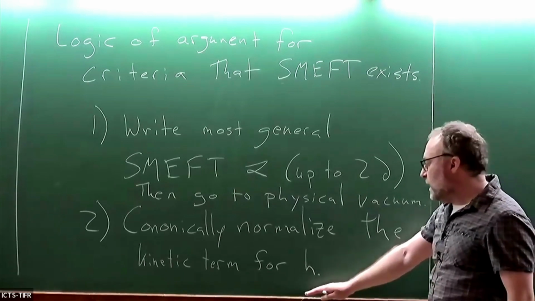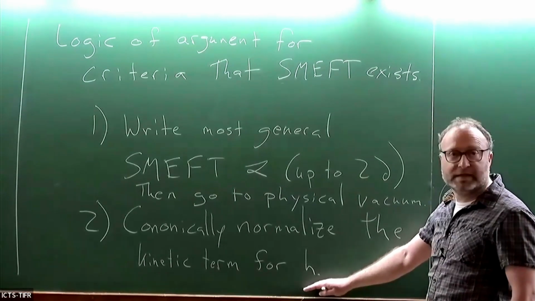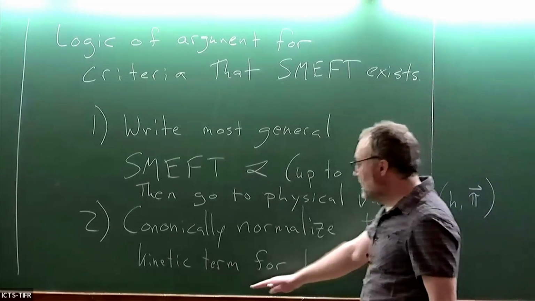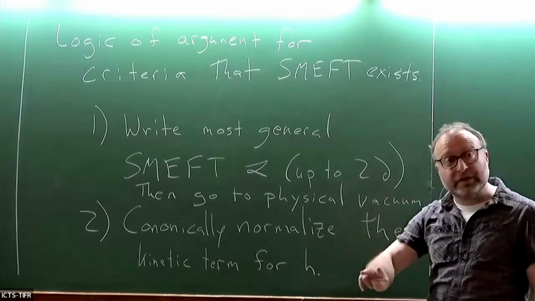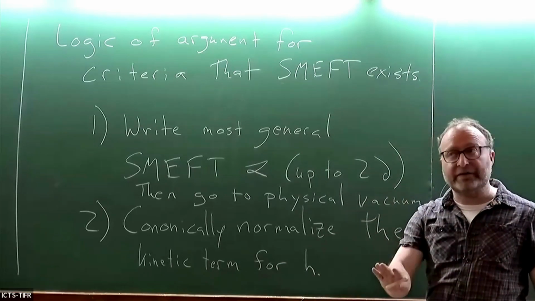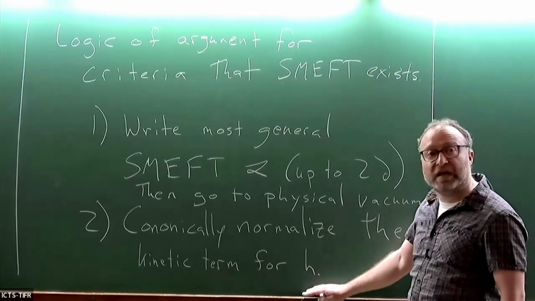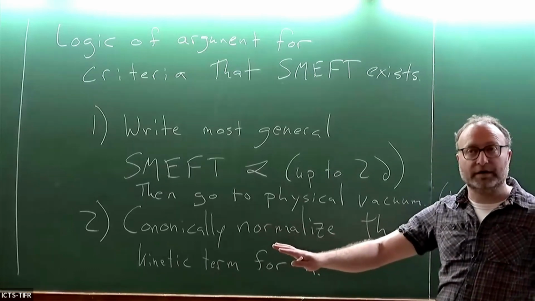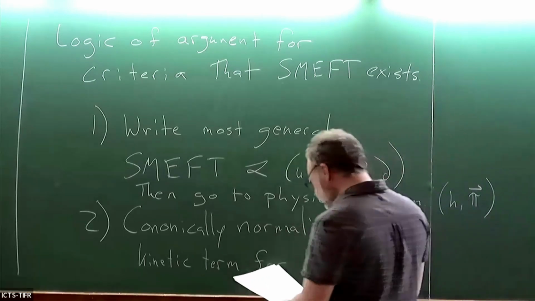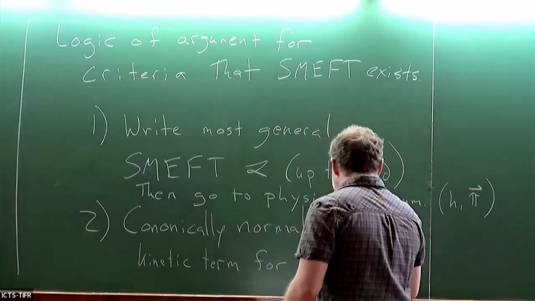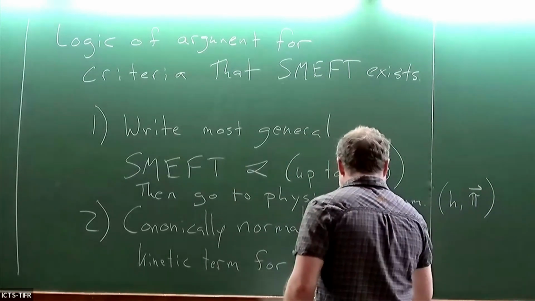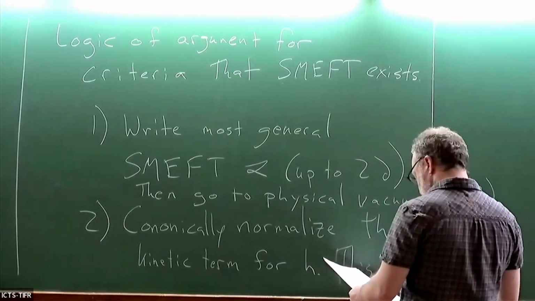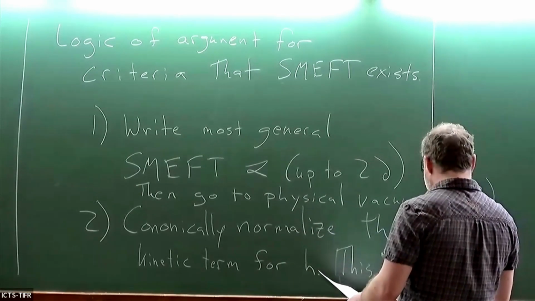I won't have time to show you, it's a couple of pages of argument in the paper, but the claim is that in this two-derivative version of HEFT, when we canonically normalize the h kinetic term, that fixes the field basis entirely.